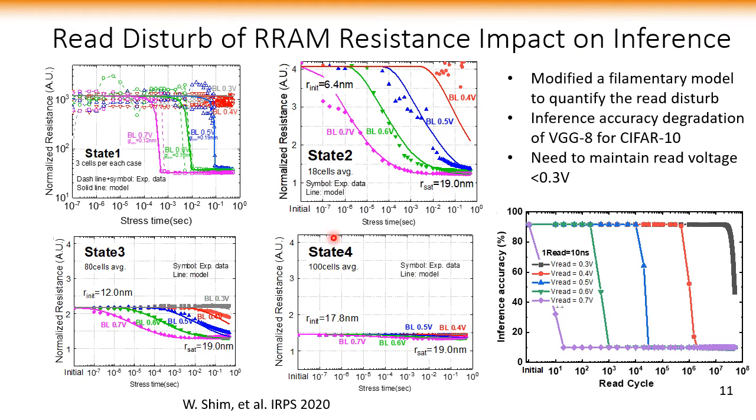With this kind of statistics, we incorporate that into a VGG8 neural network for the CIFAR10 accuracy. We do see that we have to lower the read voltage to like 0.3 volts to sustain like 10 to the power 7 read cycles before the accuracy collapses. So this imposes some limitations on the bit-line voltage we can apply during the consecutive read or the inference workloads.